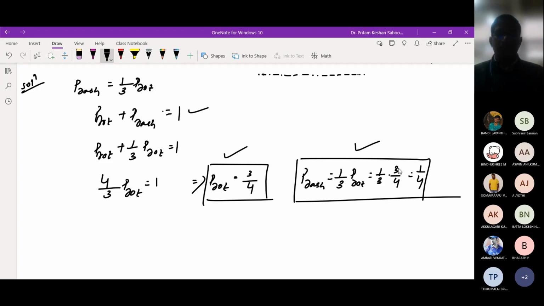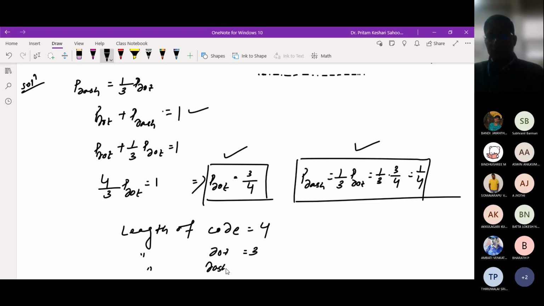So the length of the code is 4. The number of dots is 3. The number of dashes is 1. Here, length of code means how many symbols your code contains. Hope you understood this.